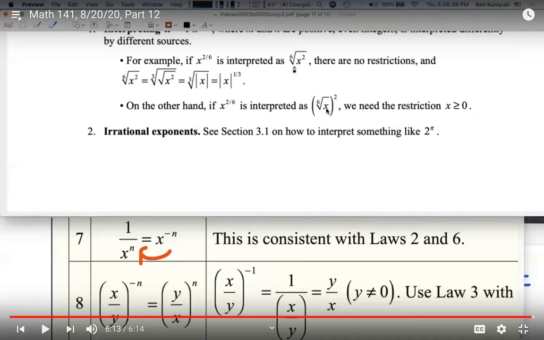If x is negative, you're in danger right here. In fact, we say game over right there. So the order does matter in terms of whether negative values of x are legitimate or not. Different books define x to the 2/6 in different ways. Fortunately, in the problems you deal with, your results are not affected by that distinction.